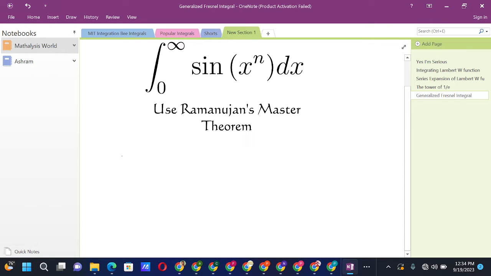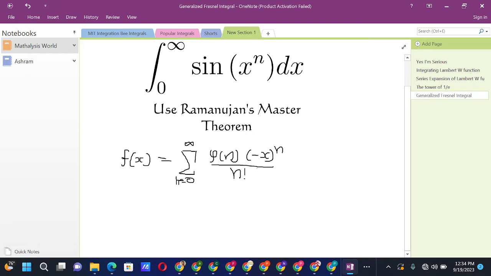Okay. So Ramanujan's master theorem says that if we have a function f of x in the form summation from n equals 0 to infinity, phi of n, where phi of n is a function, times minus x to the power n by n factorial.